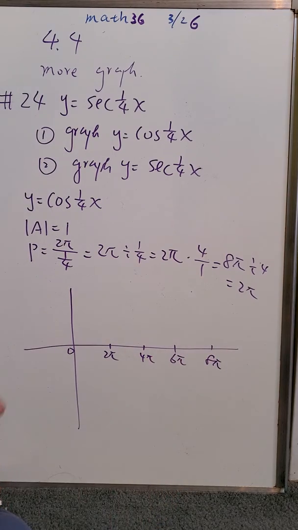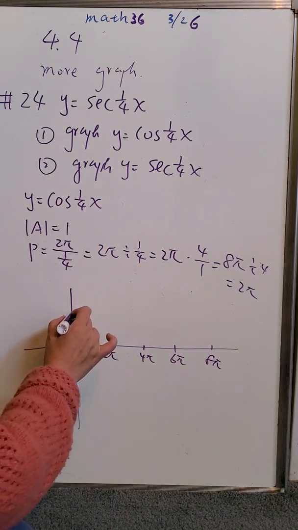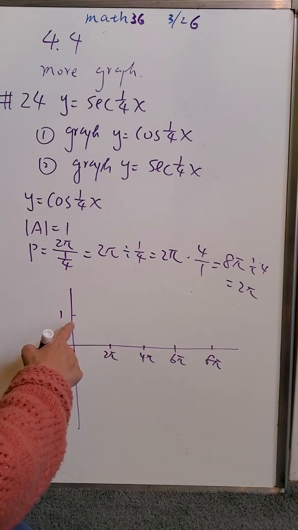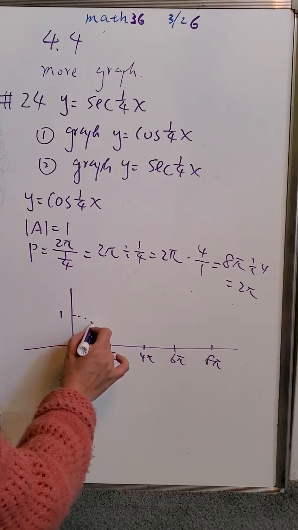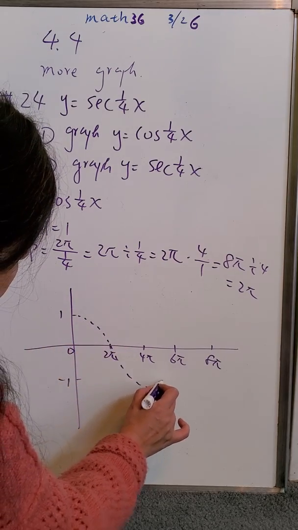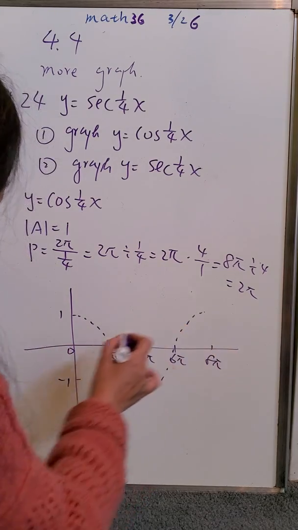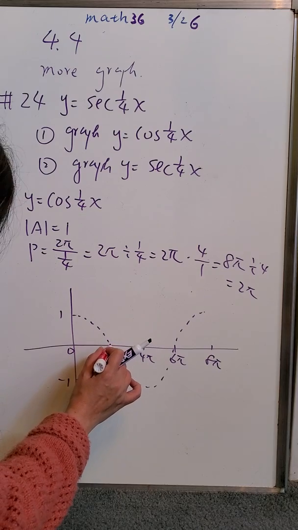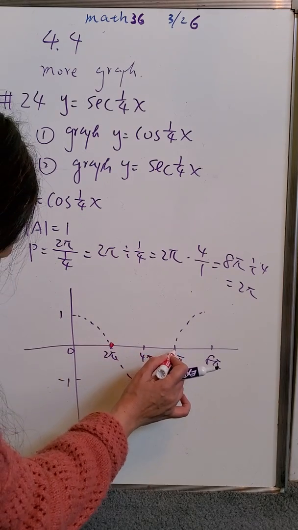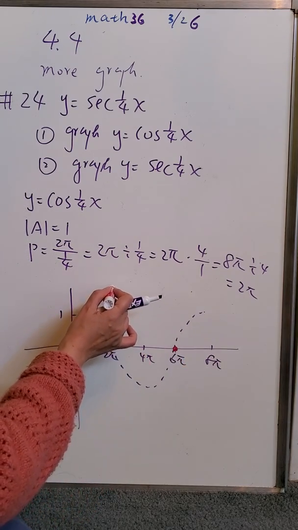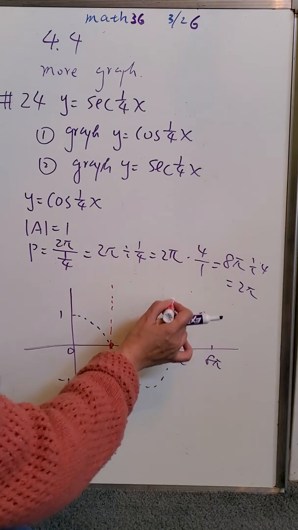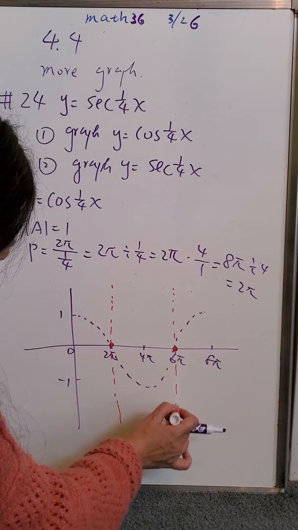And we're going to graph the cosine first. So it's 1 and -1, and cosine starts from 1, so we're going to go down here. Now for all the x-intercepts, we're going to graph a vertical asymptote.